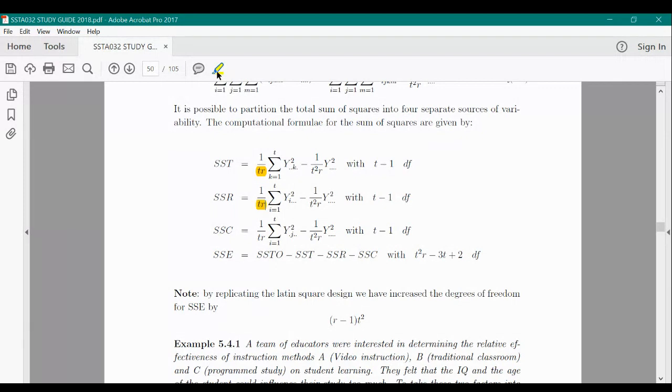Compare the two. From there, performing the analysis is still the same as the normal Latin square problem. The difference is this R here, so you just multiply your denominator with TR.